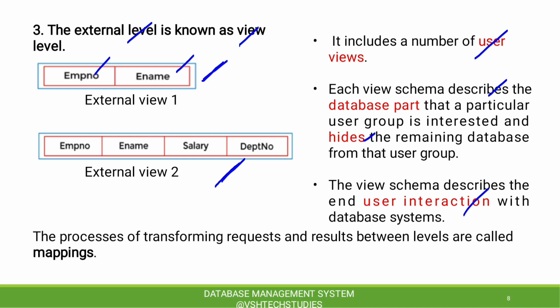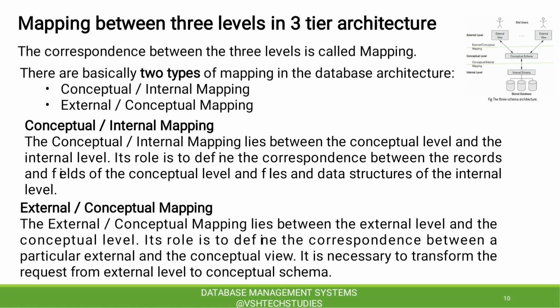The process of transforming requests and results between the levels is called mappings. In other words, the correspondence between the different levels in the DBMS schema architecture is called mappings. So with respect to the 3 schema architecture in DBMS, the correspondence between the 3 levels is called mapping.